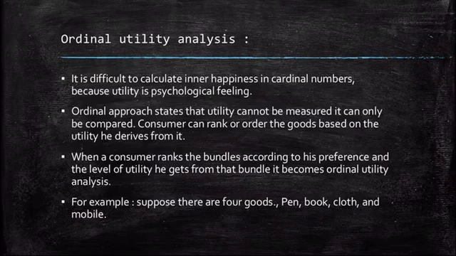To understand this ordinal utility easily, let us consider this example. Suppose there are four goods: a pen, a book, a dress or a cloth, and a mobile.